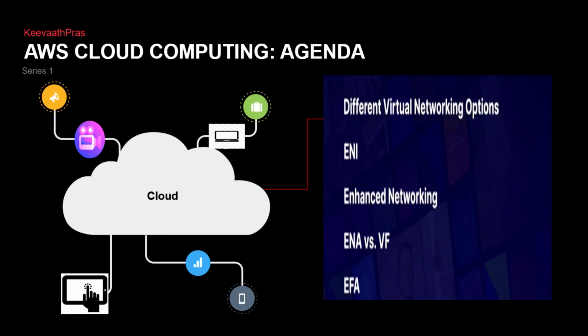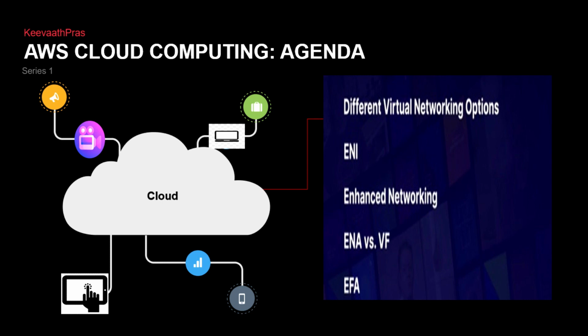This is more or less like the S3 concept, knowing what to use where. So what are all the different virtual networking options? We are going to be seeing what an ENI is. If you are from India, there is something called ENT, ear, nose, throat. So sometimes we used to make fun of the ENT doctor.